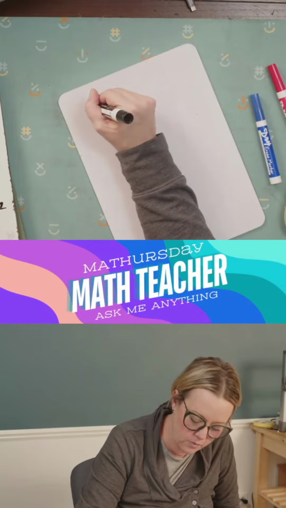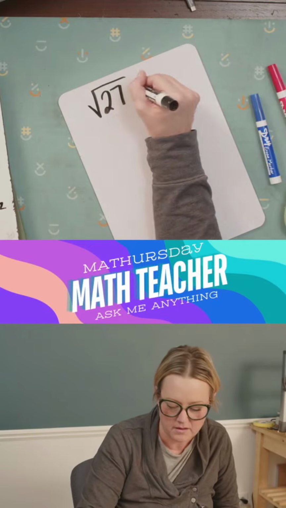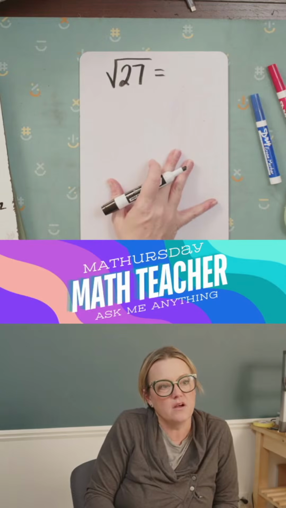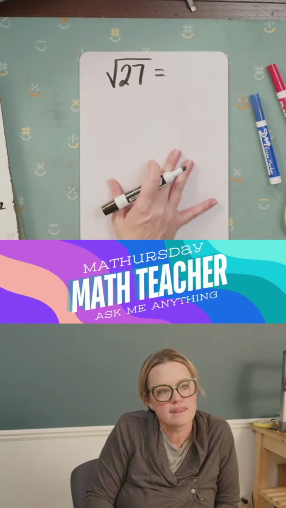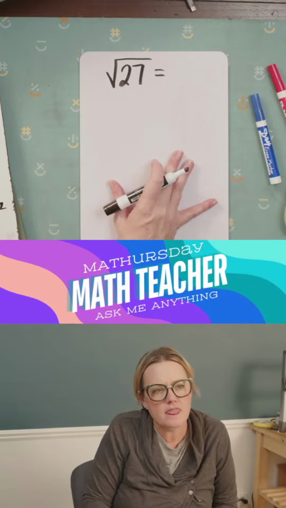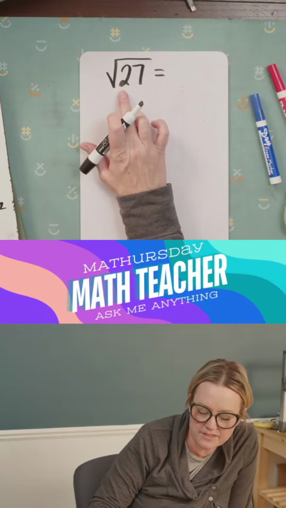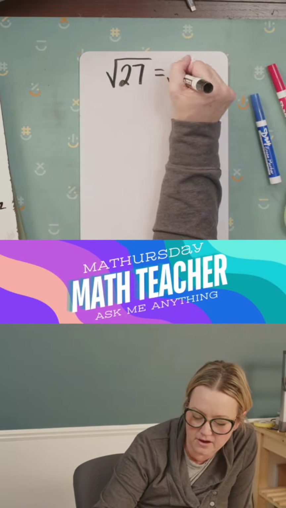But when you've got radicals, something like square root of 27, we're going to look at what are the perfect squares that are the factors in there.